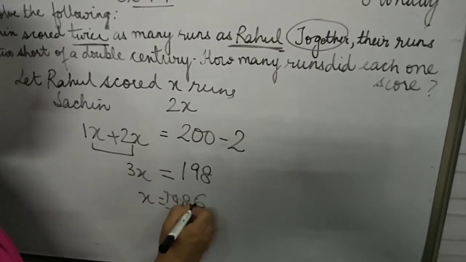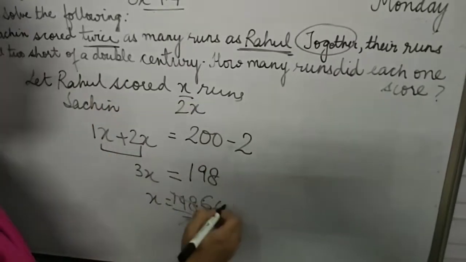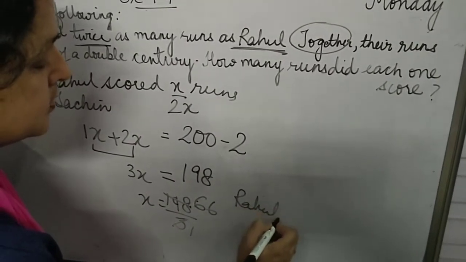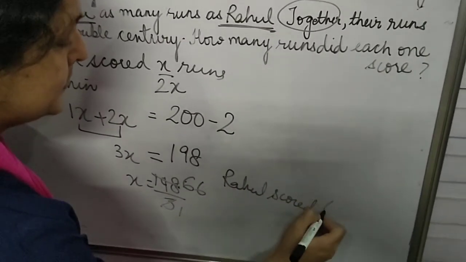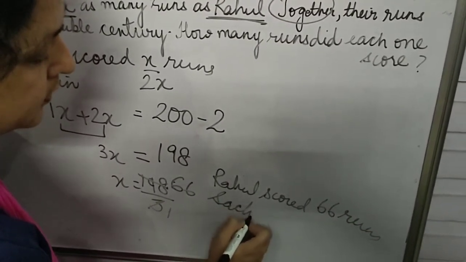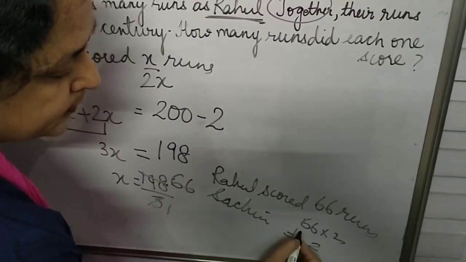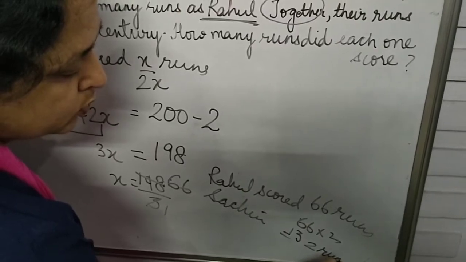So how many runs did each score? Rahul scored 66 runs and Sachin scored 66 into 2, that means 132 runs.